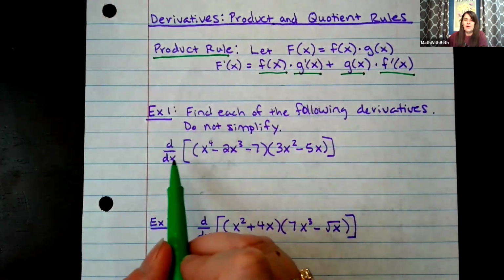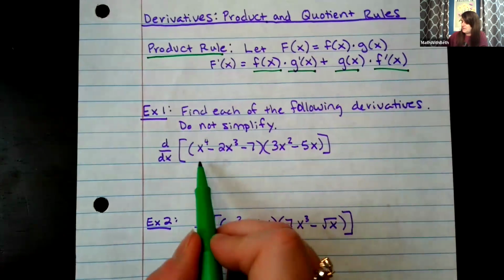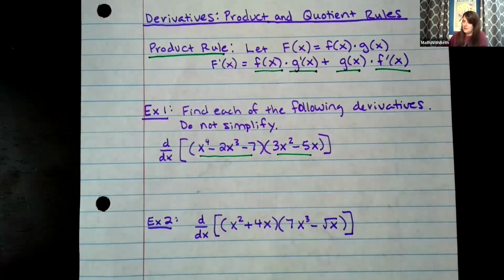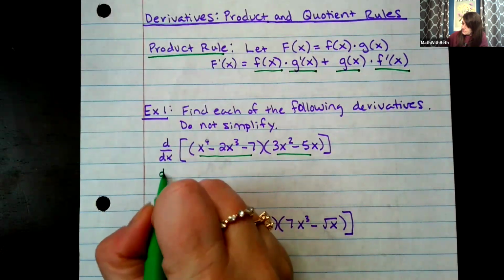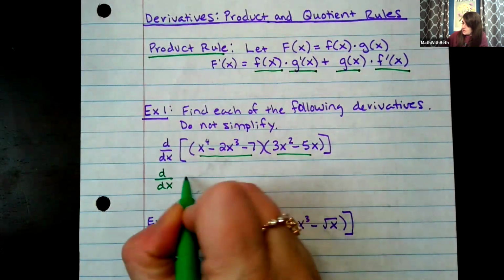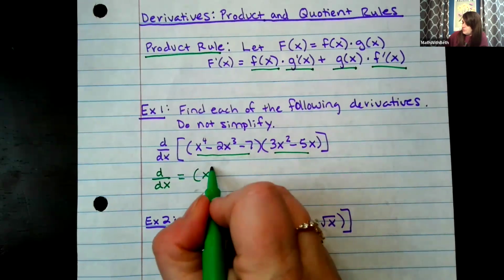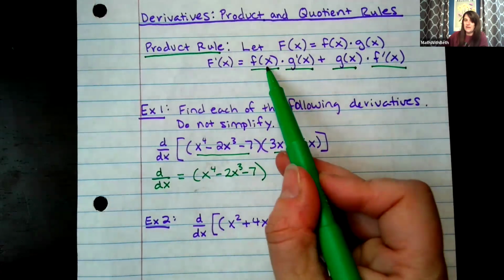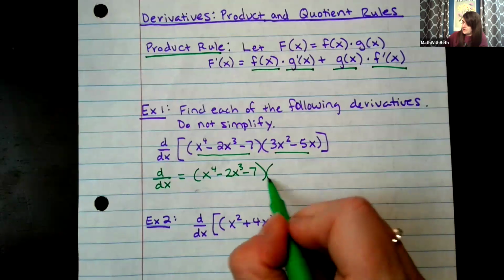Here's my first example. I'm going to take the derivative of this equation, which is obviously a product of two functions. So my derivative of this is going to equal the first equation as it is, so that's the f of x part, times the derivative of the second equation.